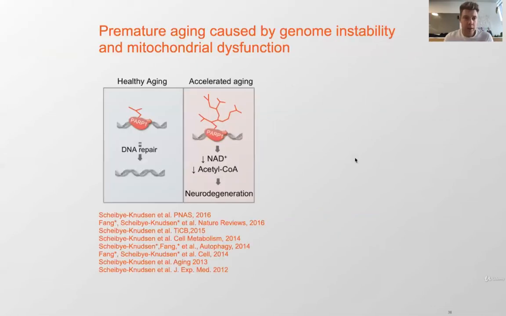So the idea is that during healthy aging, you get DNA damage, but you have proficient DNA repair, allowing us to shut down PARP1. If you have a problem with repairing DNA, you lose NAD, then that leads to loss of acetyl-CoA and neurodegeneration.